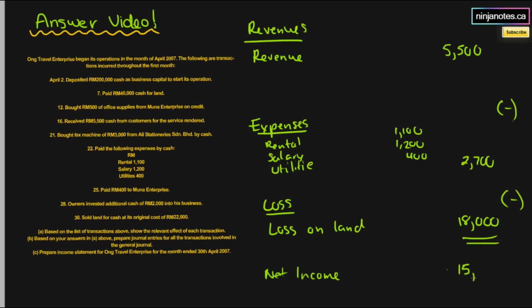So, $15,200, net income or net loss. The loss is in brackets because brackets indicate that it is a loss. Alright, so that is essentially our income statement, and those were all the journal entries. I'm just looking through it one last time to make sure I didn't miss anything. I think that is it.